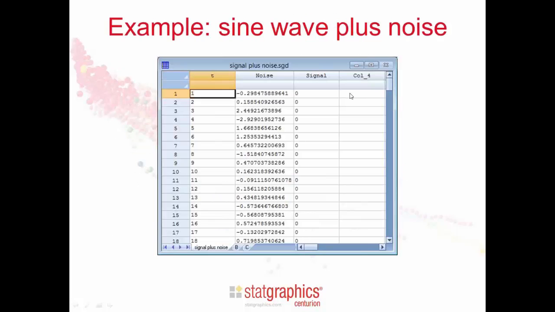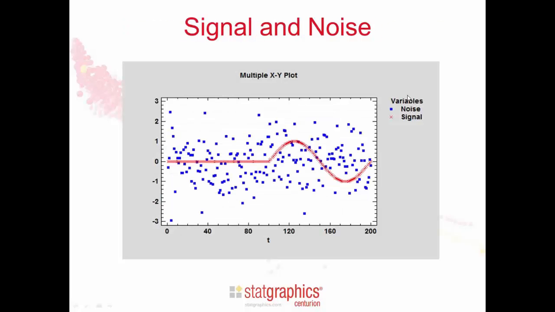Now, I have an interesting data set that I made up a couple days ago. A data set consisting of noise plus a sine wave. Here's a plot of my data. I generated two columns of data.